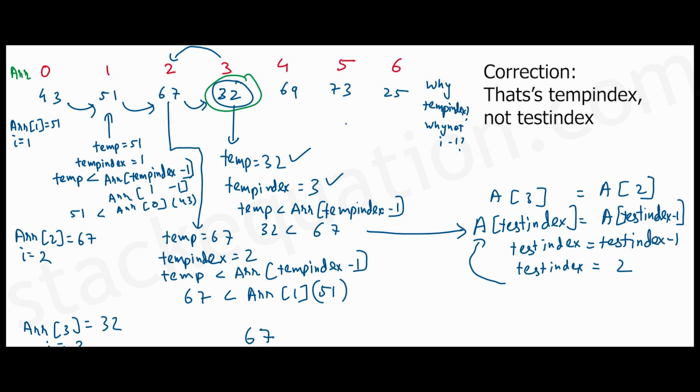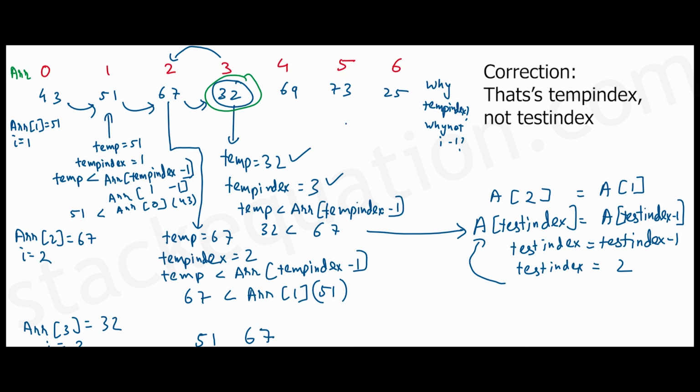It will again move here, which means A of 2 is equal to A of 1, so 67 will be replaced by 51.